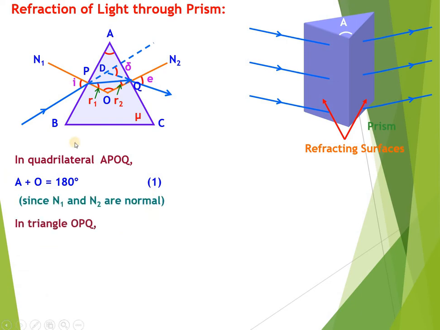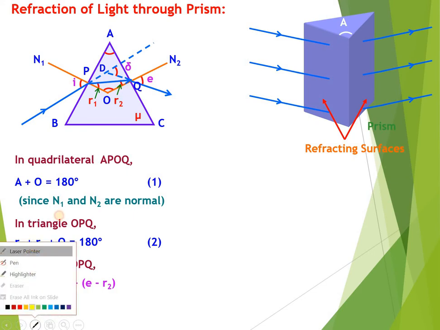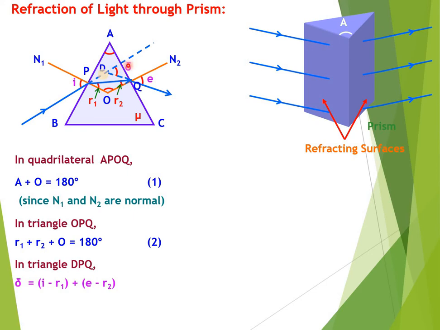If you take the triangle OPQ, then angle r1 plus O plus r2, the sum of all the angles of a triangle, should be 180 degrees. In triangle DPQ, delta is the exterior angle, so it is equal to the sum of the interior opposite angles, that is, i minus r1 plus e minus r2.